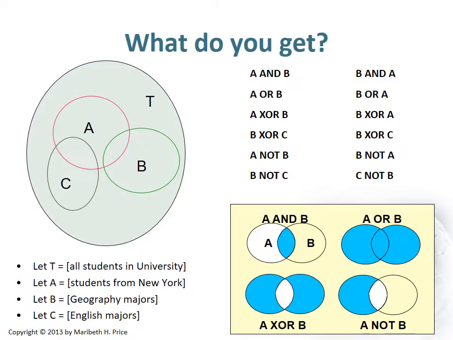So this is more or less a discussion slide that we use in a live class to go through and make sure that students are understanding what these different operators are doing.